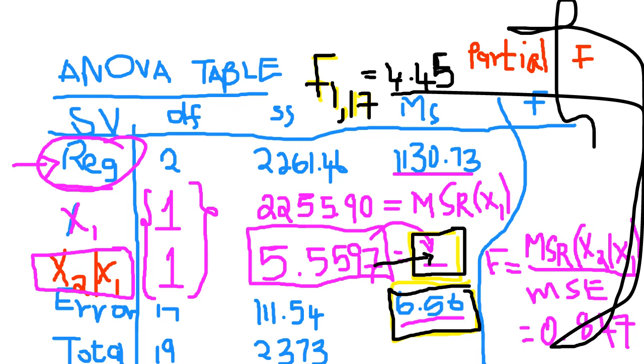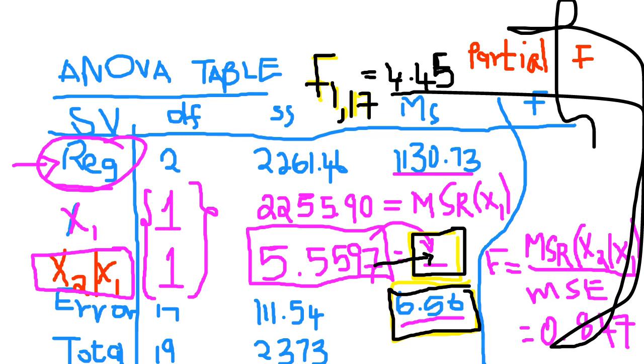So how do we write our hypothesis now? Your null hypothesis will say, this information is there in the study guide. Your H0 will say X2. Remember we're testing for X2 here. Whenever we bring X2 into the model, is it making any change in our model? That's what we are testing.